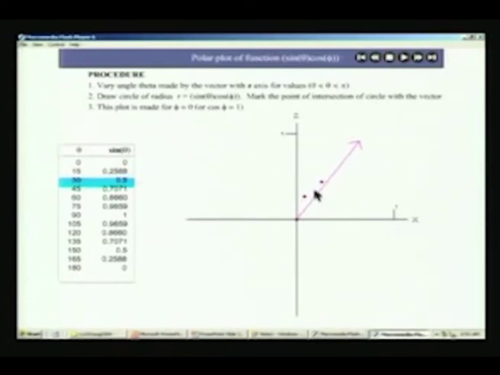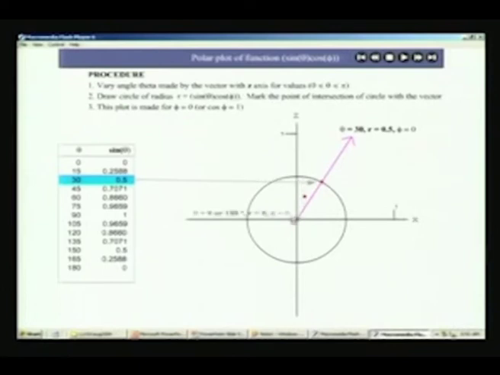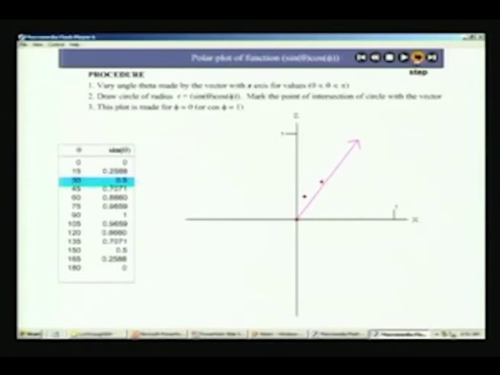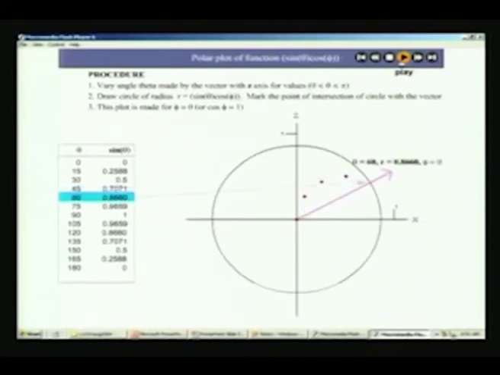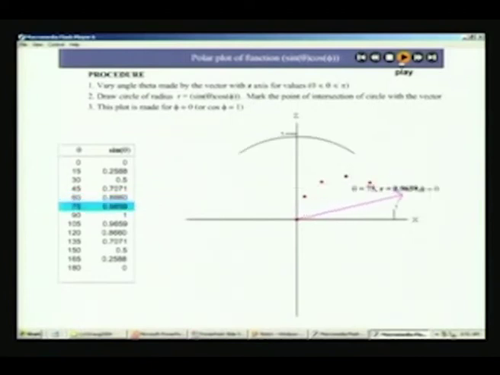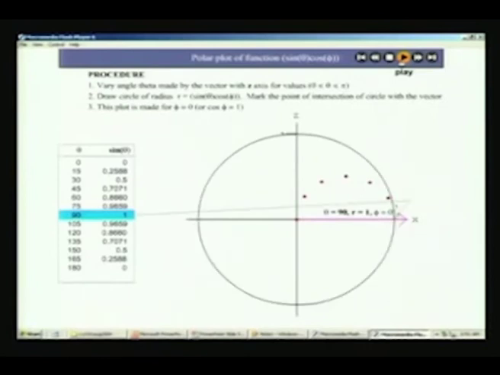For theta equal to 15, 30, go back and see why that sphere was drawn. You see that circle tells you that this is half the value. Since it is the radius, the corresponding half value is here, and that's the point. And then you draw correspondingly all the points for this particular graph for theta equal to 15, 30, 45, now 75, 90, and so on.